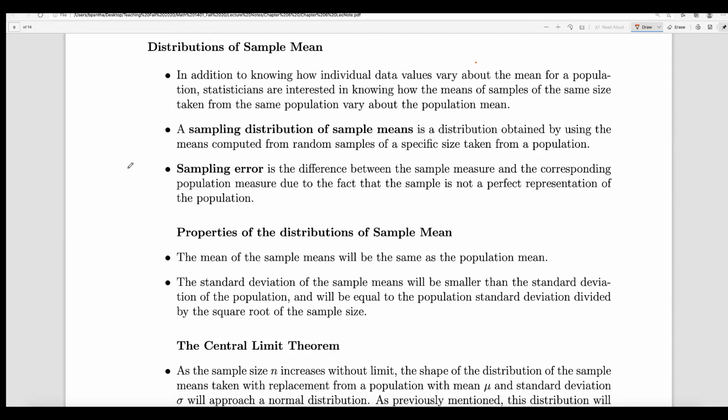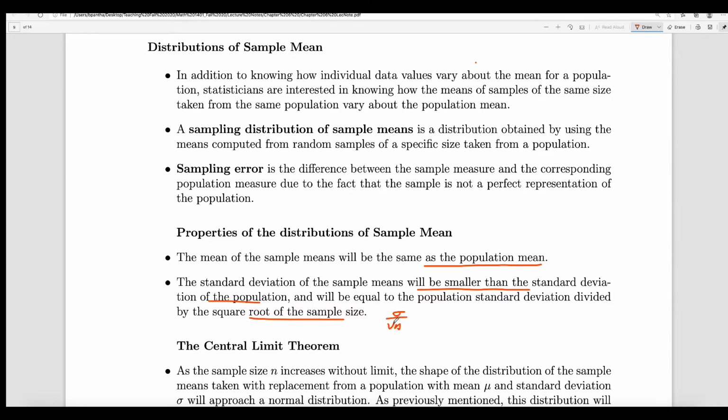Okay, so the properties of the distribution of sample mean: the mean of the sample means will be the same as the population mean. We saw that, right? And the standard deviation of the sample mean will be smaller than the standard deviation of the population, and will be equal to the population standard deviation divided by the square root of the sample size. That is, we got sigma over root n, right?